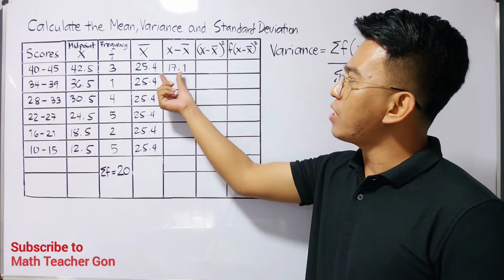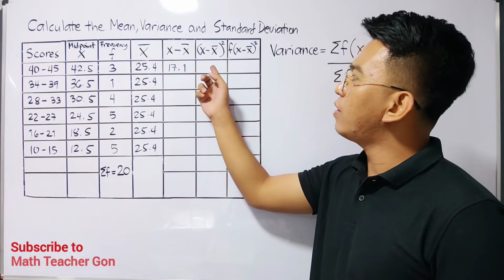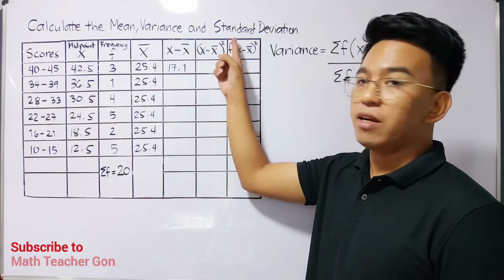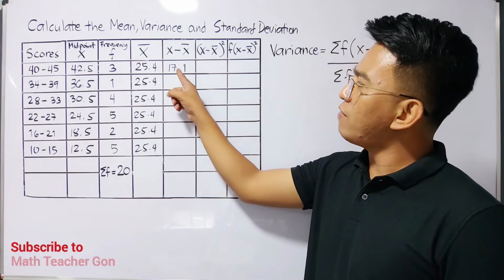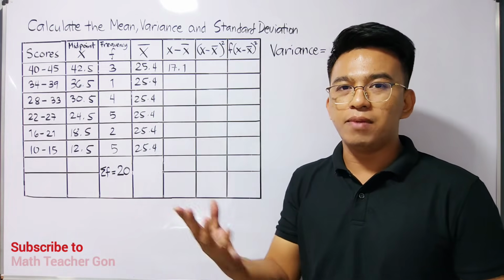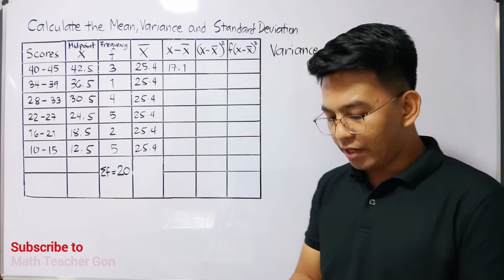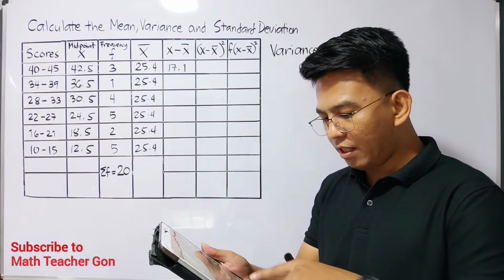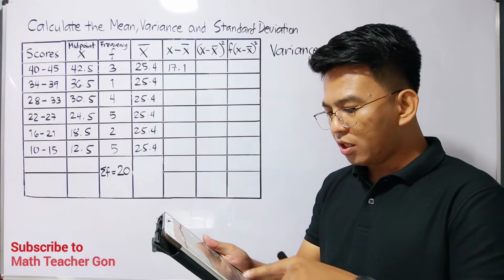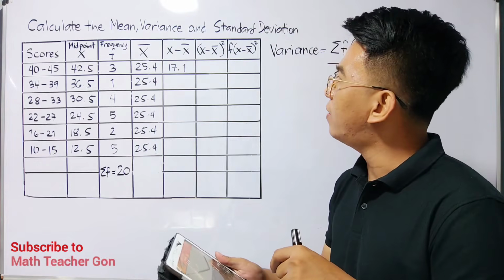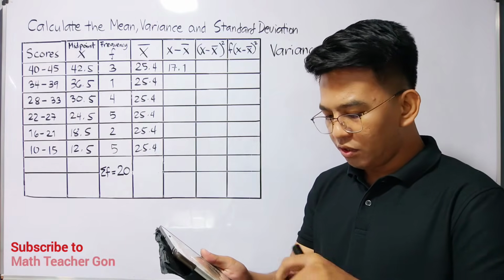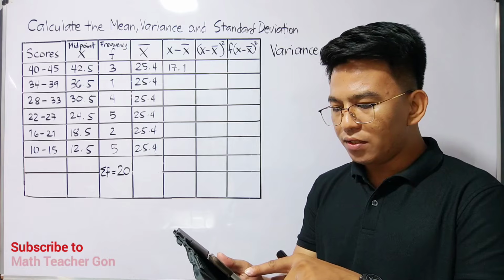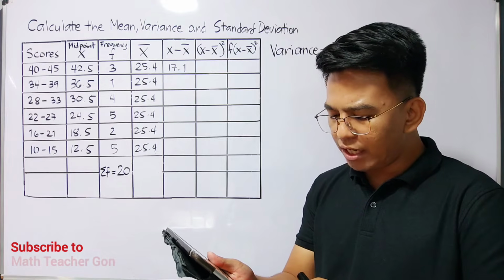Okay? After I calculate x minus x bar, I will calculate x minus x bar squared. The value we get here, we will just square, or simply multiply it by itself. So our 17.1, we square it. I hope you can see what I am doing here, guys. Let's take 2 decimal places.